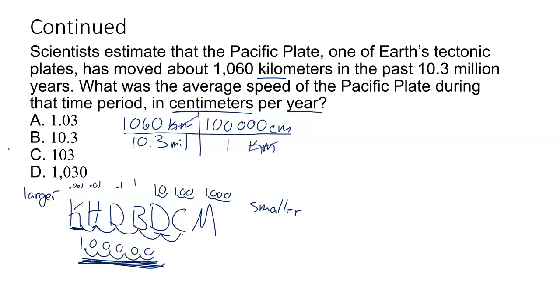And then everything that's in the top row gets multiplied together. Everything that's in the bottom row gets multiplied together. Okay? Now, 10.3 million years into years, well, I'm having millions. How many years are in a million years?